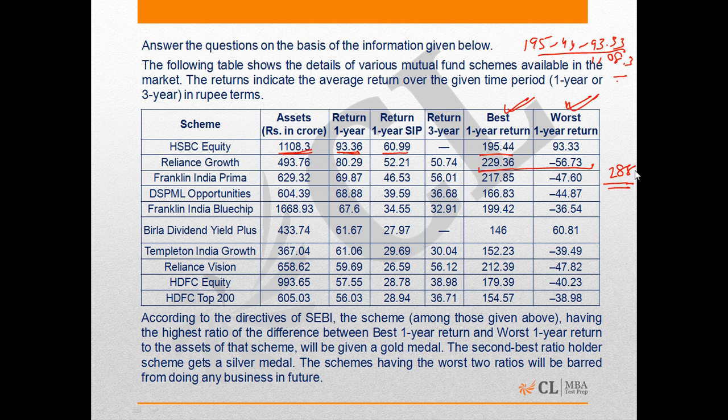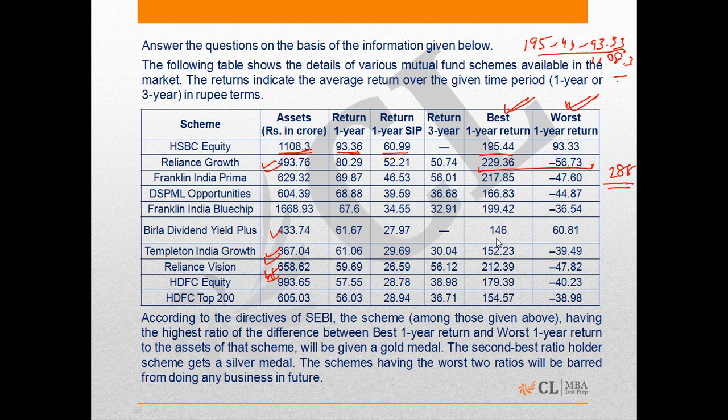And on careful observation we get to know the lower assets are for Reliance Growth, Birla Dividend Yield Plus, and Templeton India Growth, that we found in the previous question.